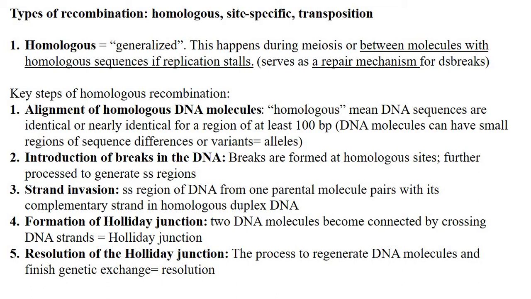Once the parts have been exchanged and gaps have been filled by DNA polymerase and ligated, the Holliday junction needs to be resolved so that the DNA becomes two different molecules again, and the genetic exchange is complete. This is called resolution.